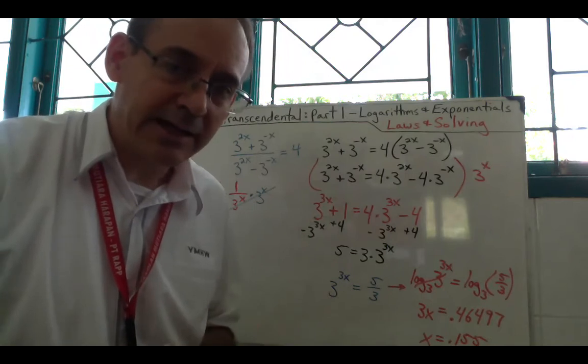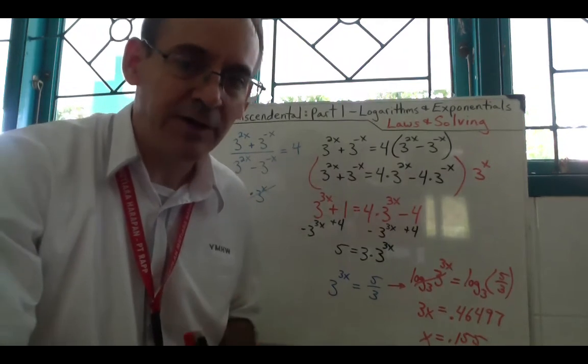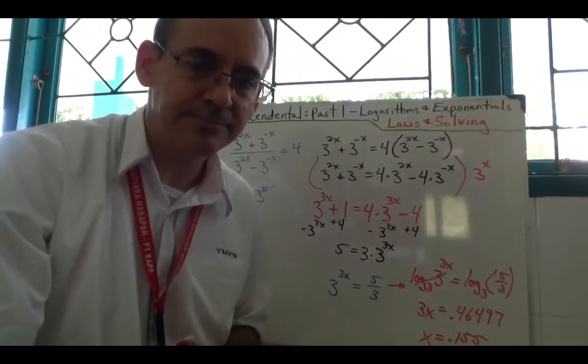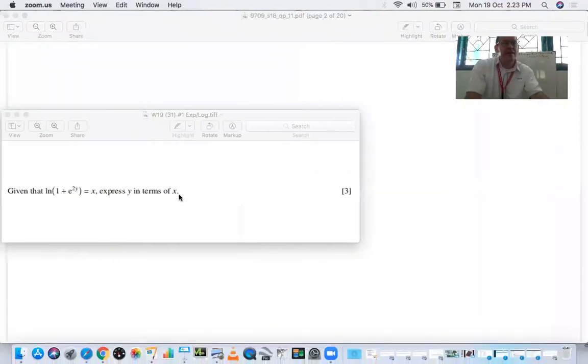Now we want to look at a couple of examples of how to solve logarithmic equations. Okay, let's look at what we have here. Now we have a logarithmic equation given that ln of 1 plus e to the 2y equals x. So not only do we have a logarithmic equation, we have an exponential on the inside of the argument.